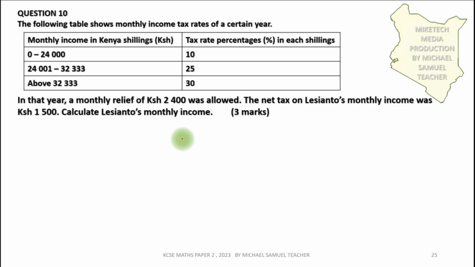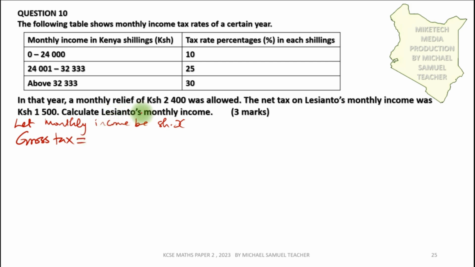So we actually don't know the monthly income, and that's where we shall begin from. We say let the monthly income be X shillings. So that is Lesianton's monthly income, and we need to find the value of X. So the gross tax for Lesianton will be whatever he has to pay.